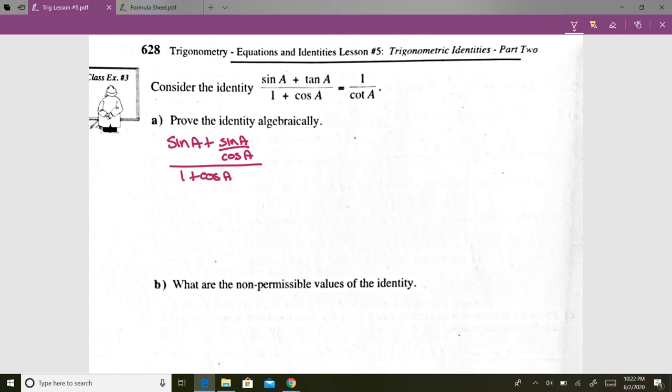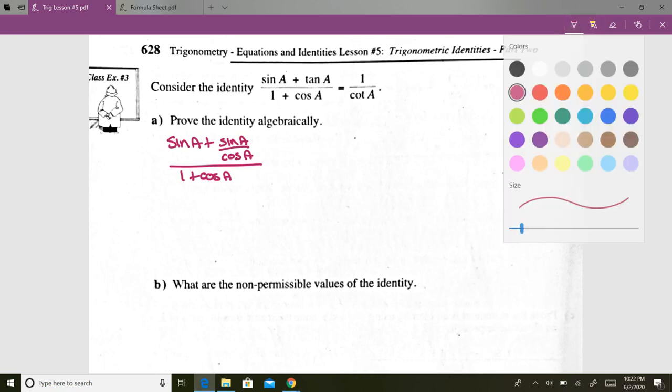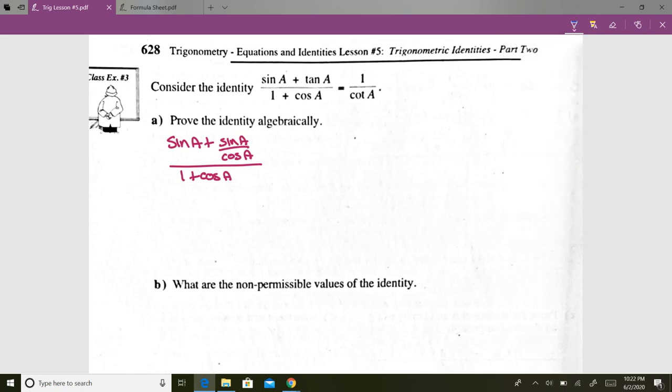Okay. Well, now, just looking at the numerator, we have fractions. So we want to combine them into one term when you have fractions. That means I need to make a common denominator, which is going to be cosine. So I want to multiply this one by cosine to get a common denominator.